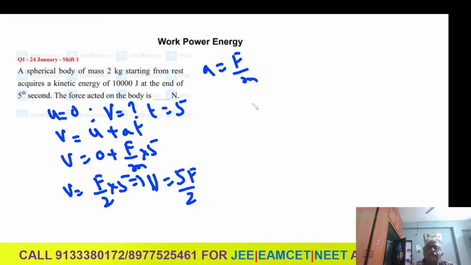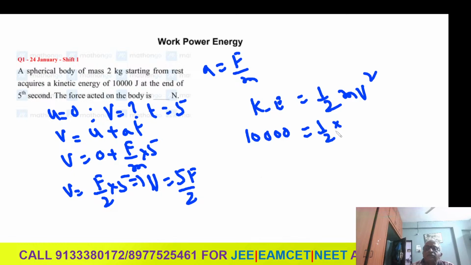What is the kinetic energy formula? Kinetic energy is half mv square. Kinetic energy given is 10,000. Simple concepts only, student. Half into 2 into velocity square, which is 5F by 2 whole square.